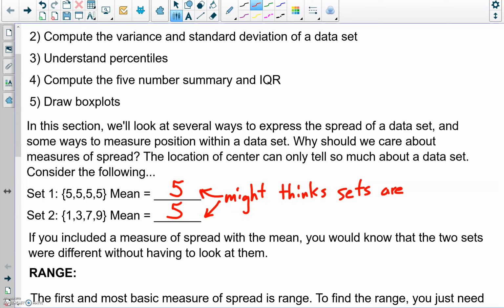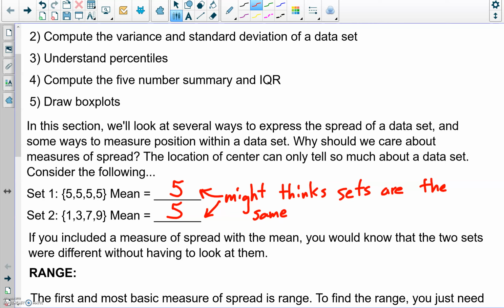And that's a problem, because you look at the sets and they are not the same. So if you included a measure of spread with the mean, you would know that the two sets were different without having to look at them.